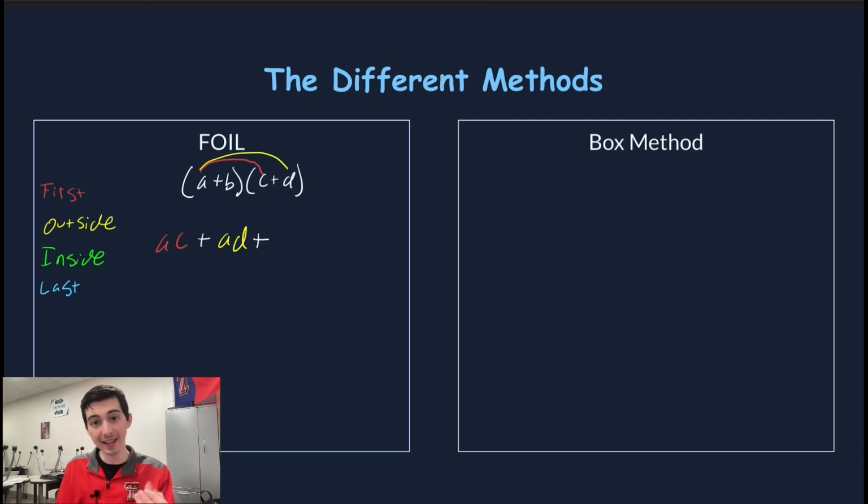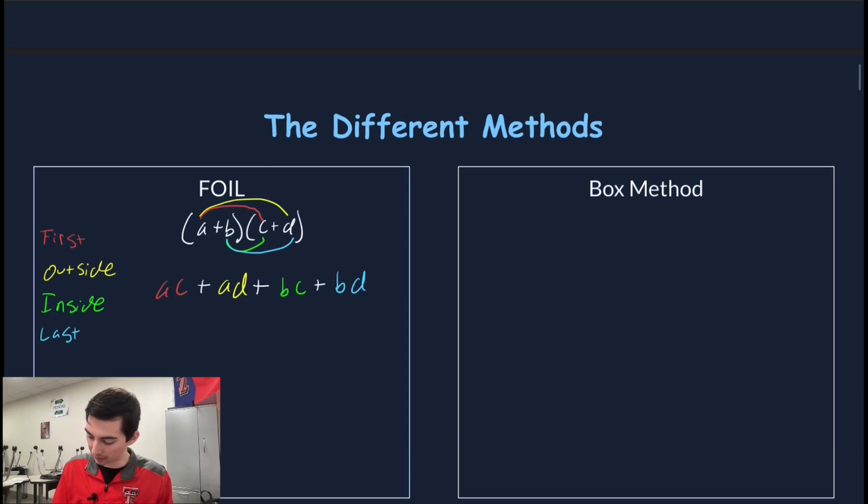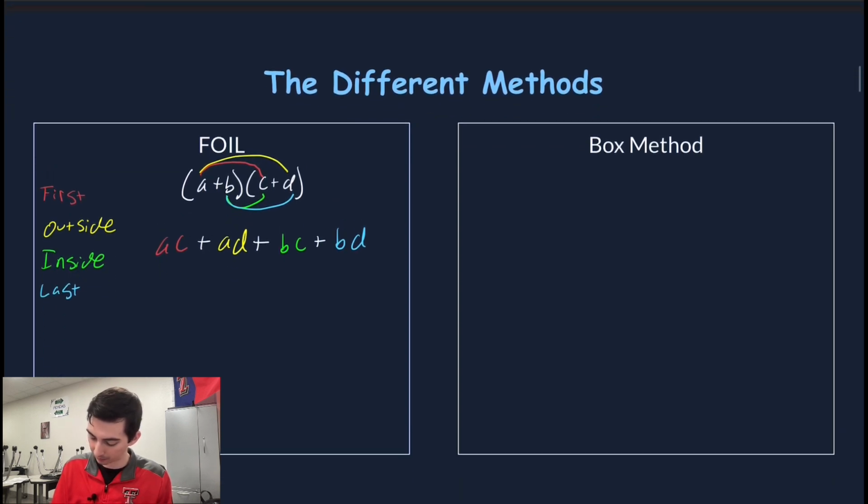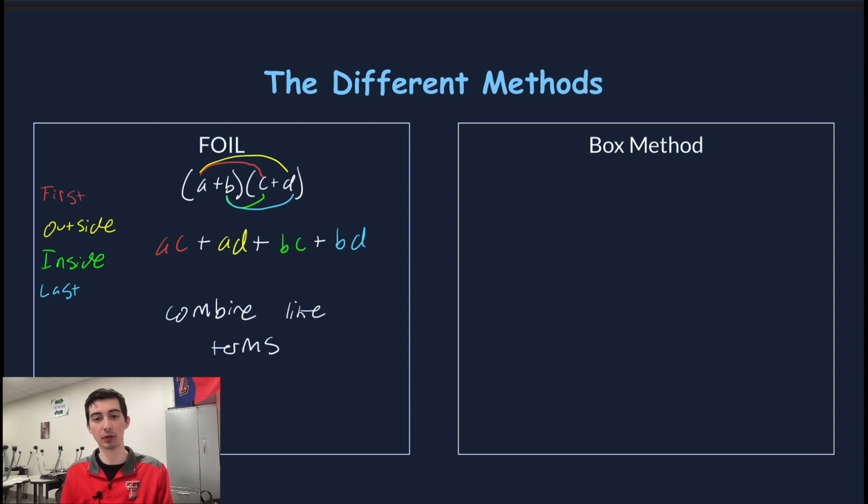Add that on to my inside terms now, which in this case is b and c. So we have b times c, and then I'm going to add that to my last terms, which in this case is b times d. And then we would combine any like terms that we have. And then once we combine those like terms, we can get our answer there.